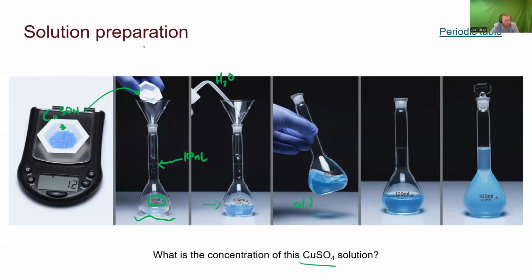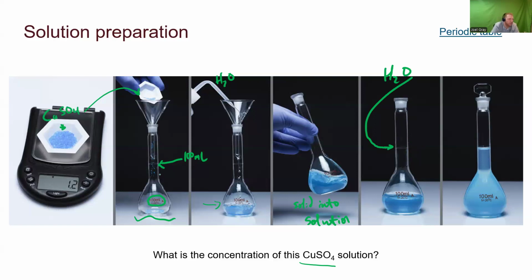After that solid has gone into solution, then what you do is you add more water up to this very fine etched line. And that gives you exactly 100 milliliters of that solution.